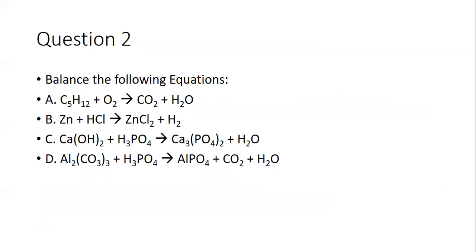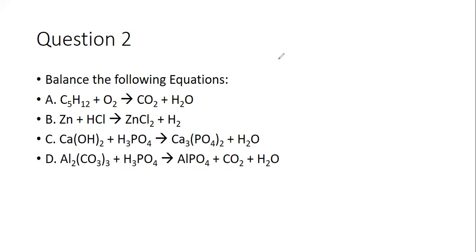To begin with, we're going to see how we balance equations. I will do A for us, and then I'll let people have some practice doing the other equations. So here's how you balance equations. The first thing I like to do is write down every single element that's in my equation.